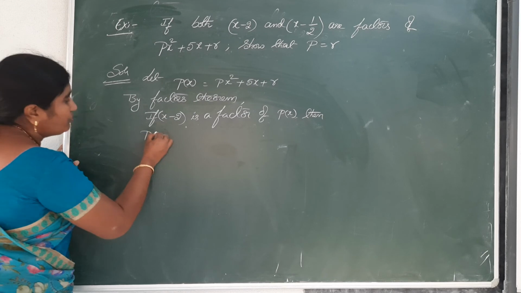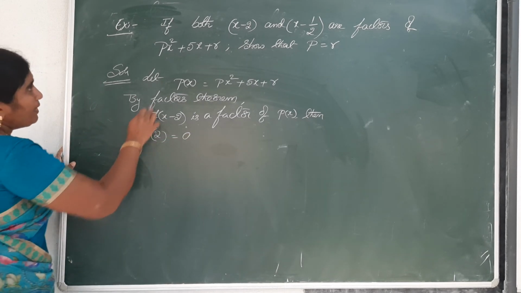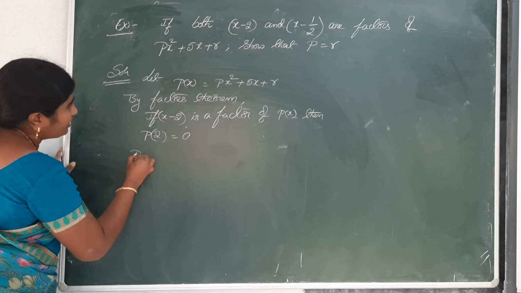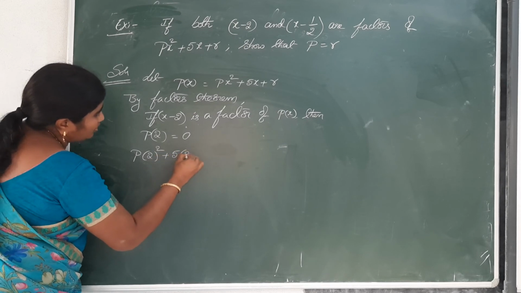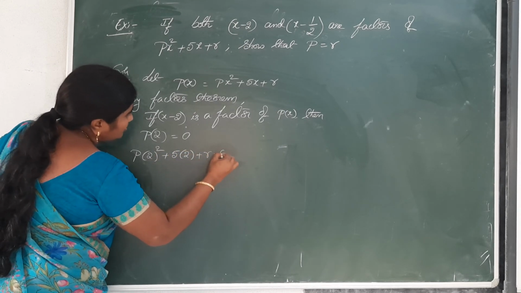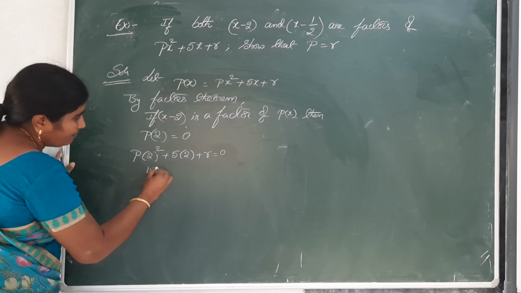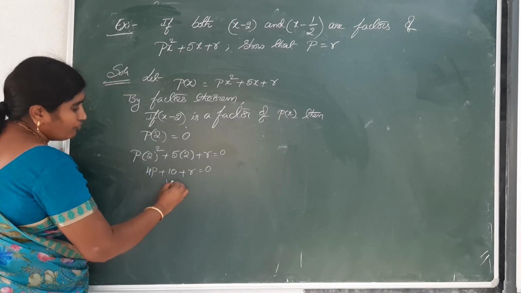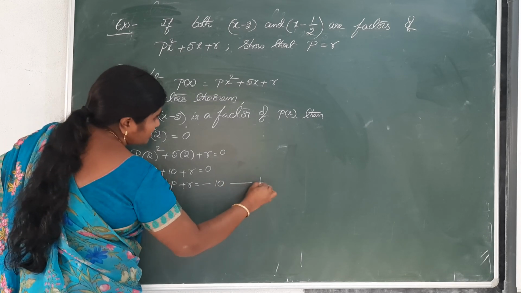Then P of 2 equal to 0. Replacing x by 2, p into 2 square plus 5 into 2 plus r equal to 0. 2 square value is 4, so 4p plus 10 plus r equal to 0. 4p plus r equal to minus 10. This is equation 1.